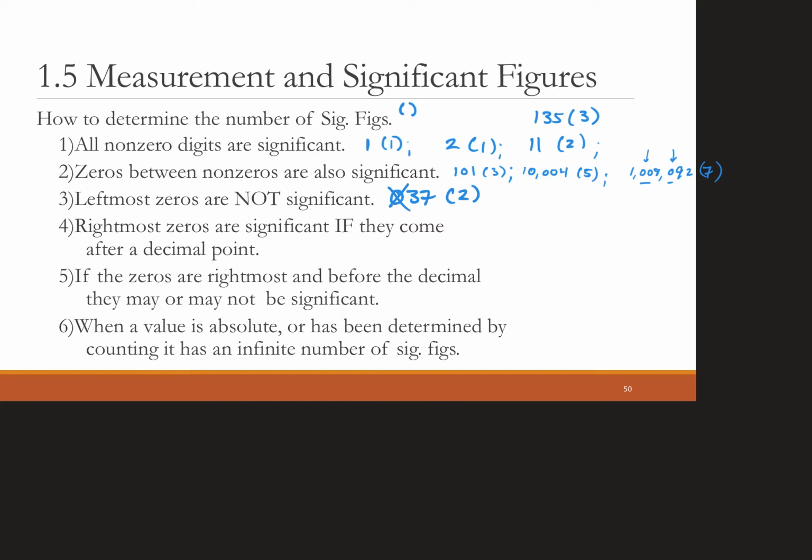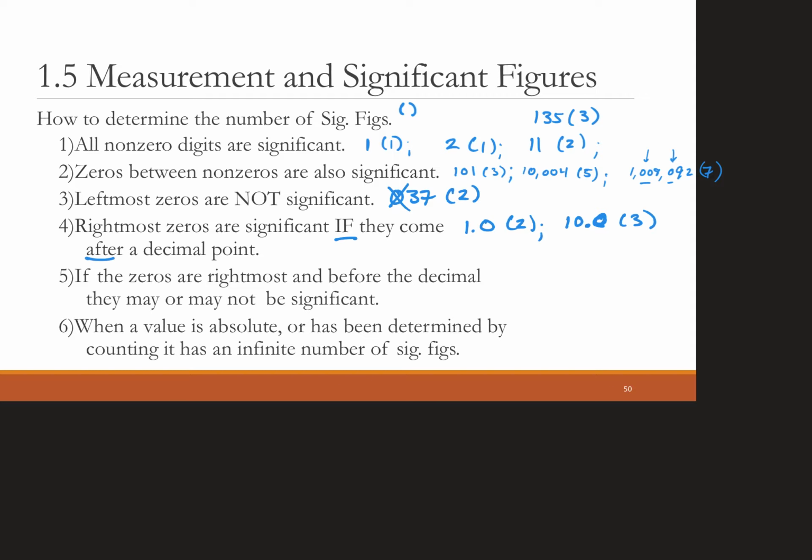Rule 4, rightmost zeros are significant if they come after a decimal point. So for example, if we have 1.0, the 0 is after the decimal, and it is rightmost, so that would have 2 significant figures. If we have 10.0, this actually is going to have 3 significant figures.